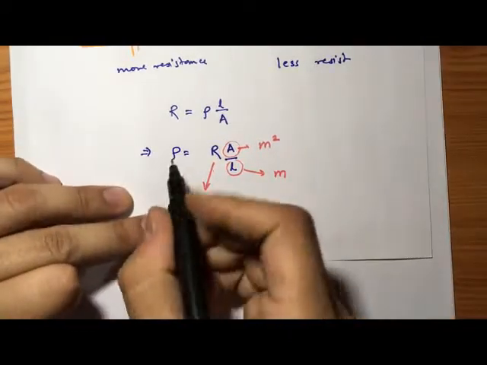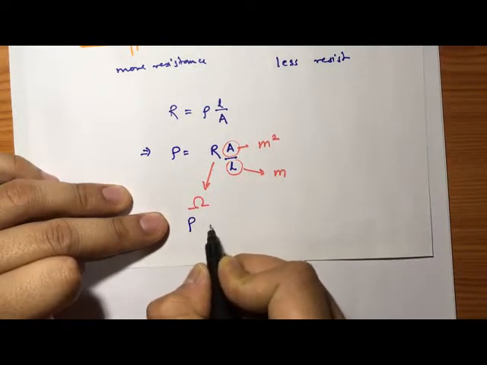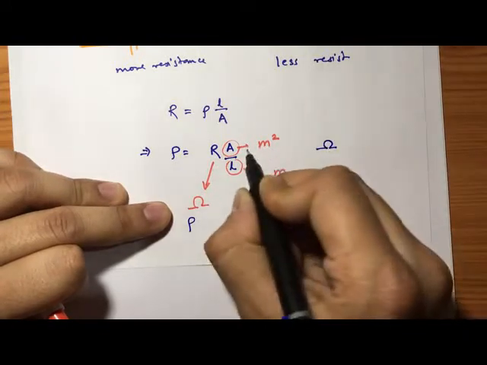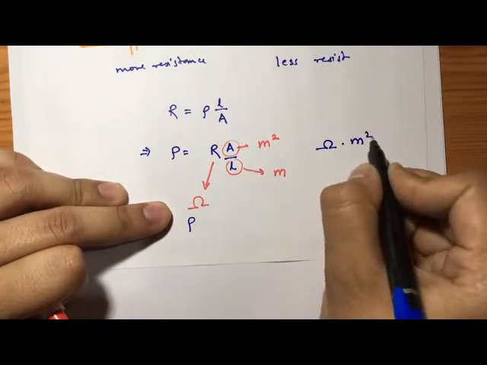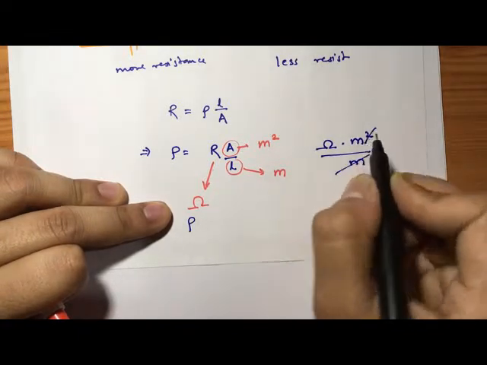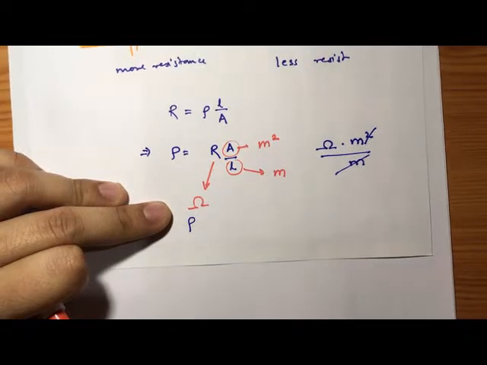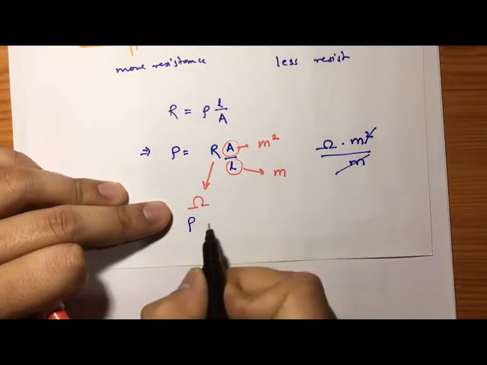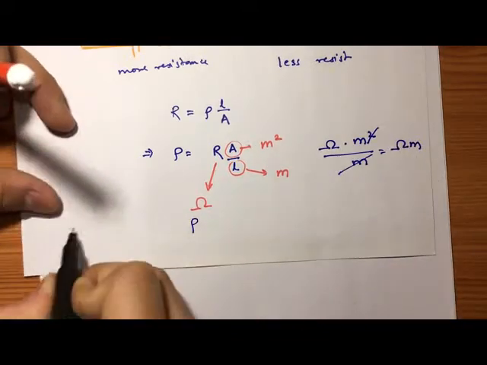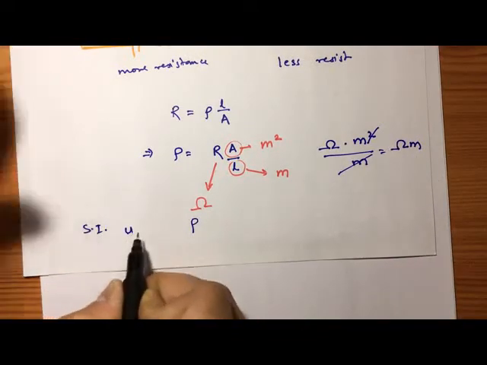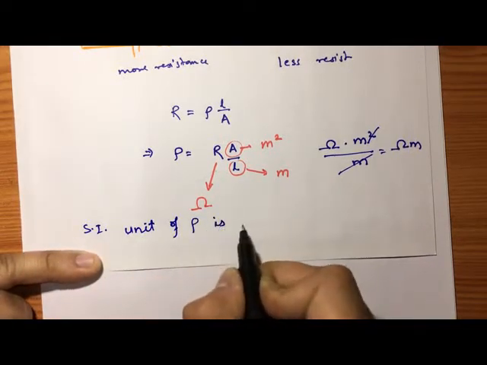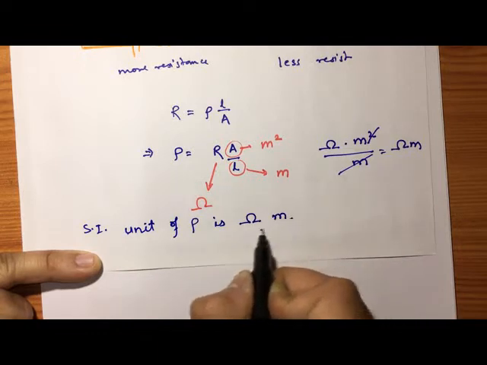So rho should have units of ohm into meter square divided by meters. This m and this square will get cancelled, which will result in ohm meter. So I can write that the SI unit of rho is ohm meter.